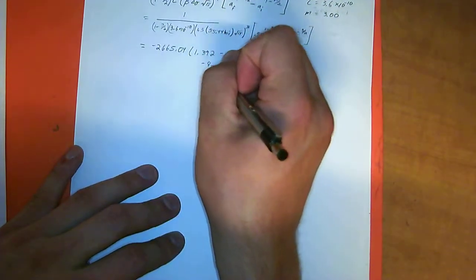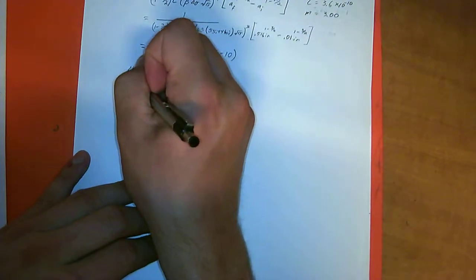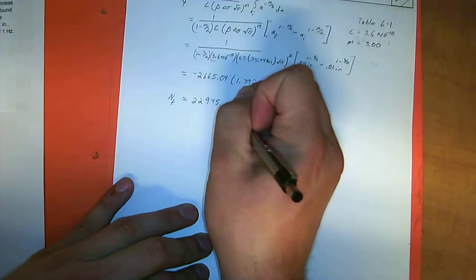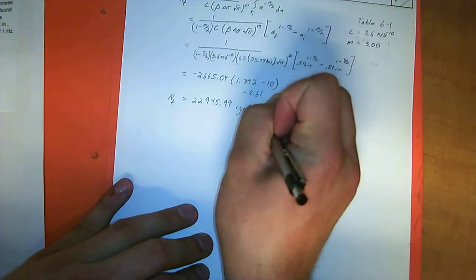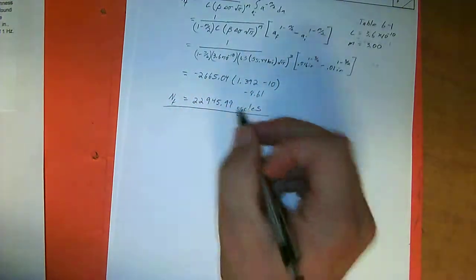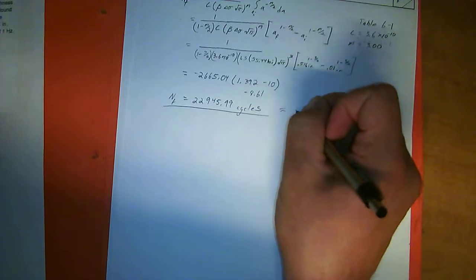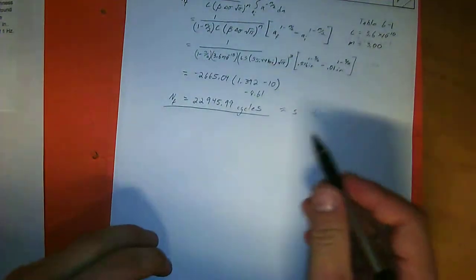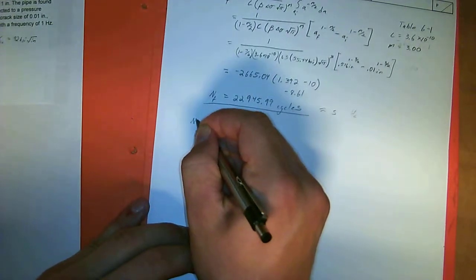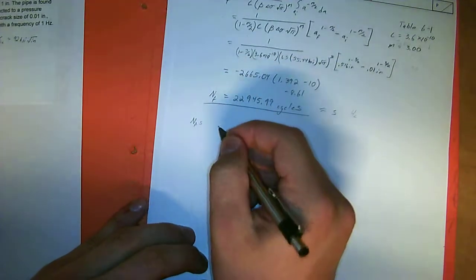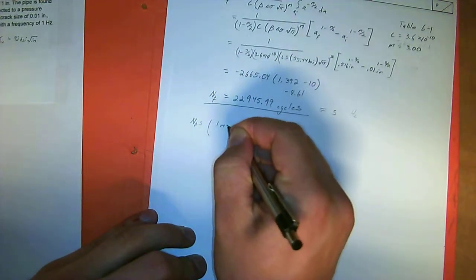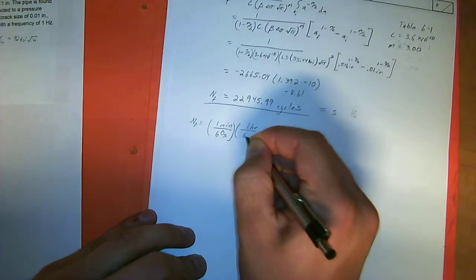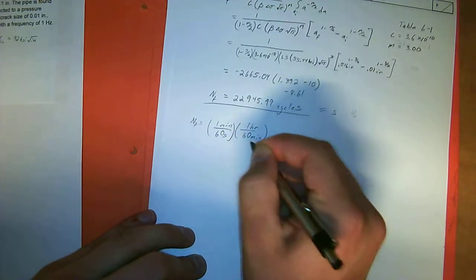So then NF is equal to 22,945.99 cycles. So we've got cycles, which is basically equivalent to seconds because of hertz. Each one of these cycles happens in a second. So we've got NF seconds. And then if you want to go through the conversion, 1 minute over 60 seconds, and then 1 hour over 60 minutes, and this will cancel, and this will cancel with that.